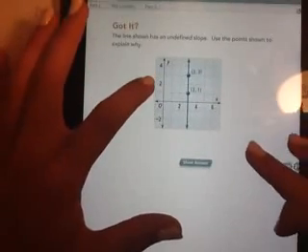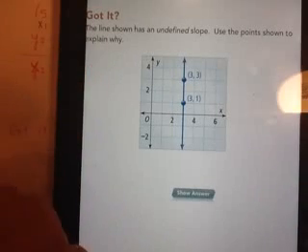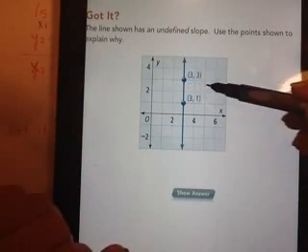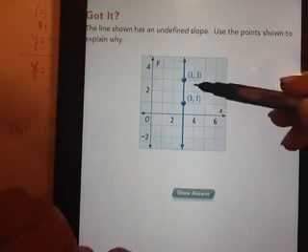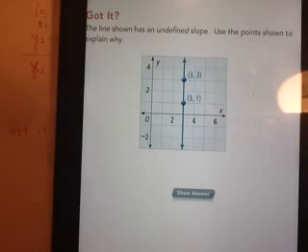And this is what an undefined graph looks like, because you'll rise 2 units, but you will not run any. So you'll rise 2, run 0. That'll be 2 over 0, which is undefined.